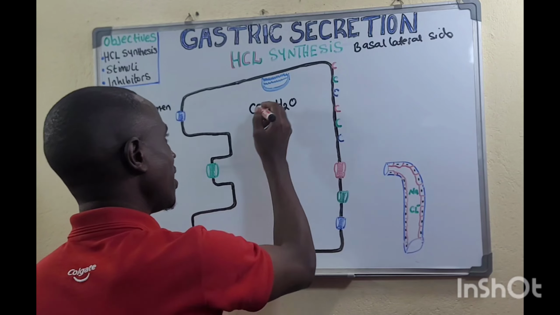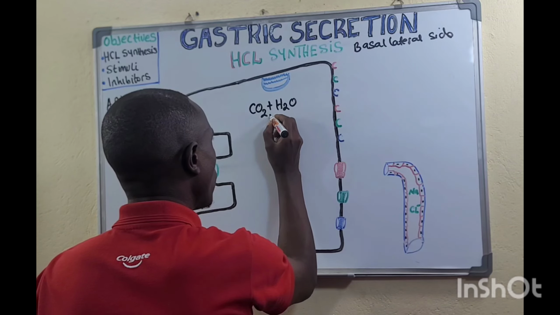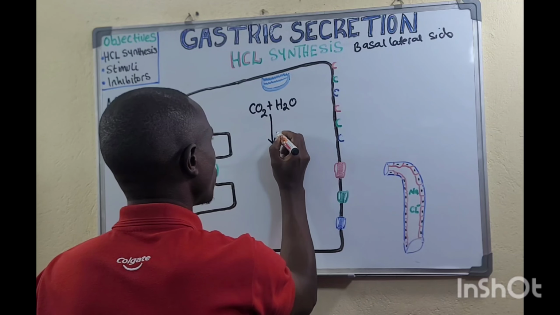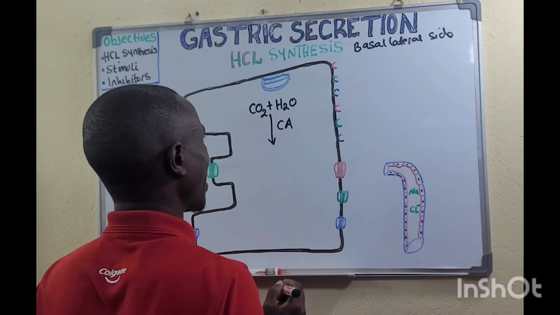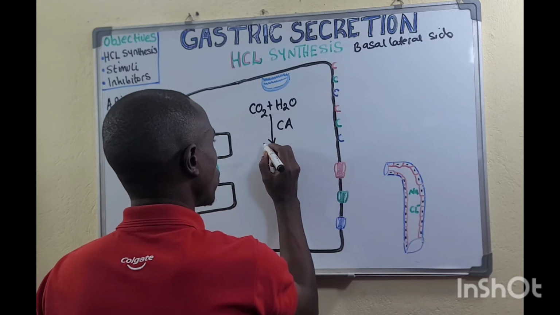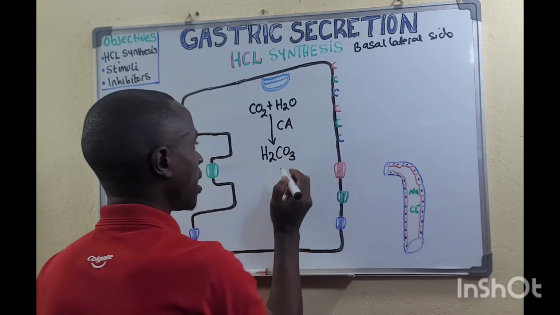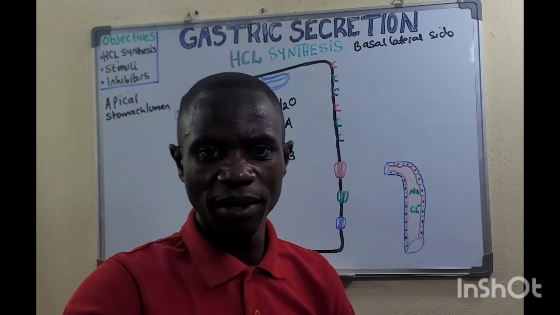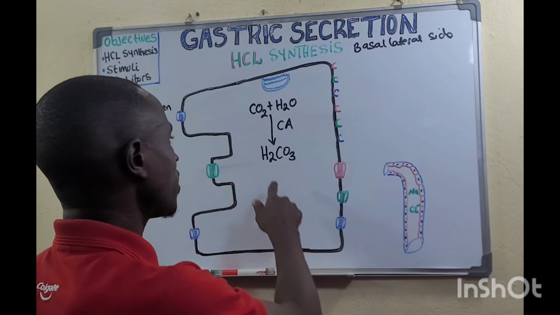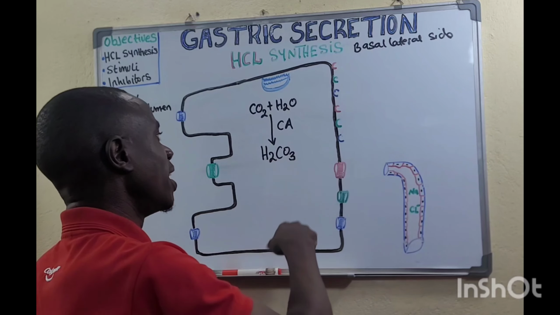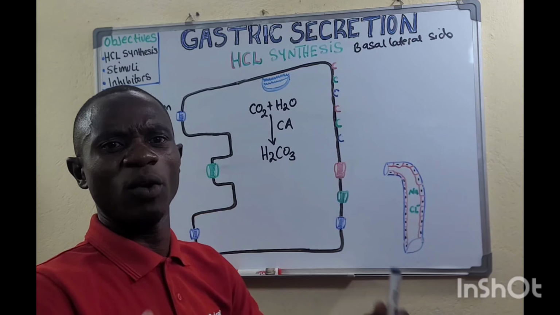Under the influence of this enzyme, we are going to see carbon dioxide reacting with water under the influence of carbonic anhydrase, leading to the formation of an acid which we call carbonic acid. Such another beautiful thing. Now this carbonic acid is going to be unstable. It's a weak acid.